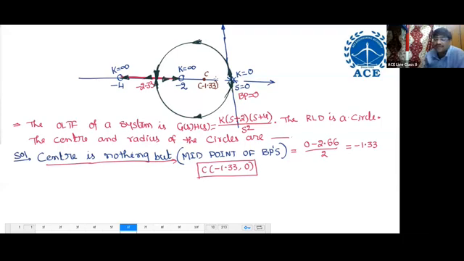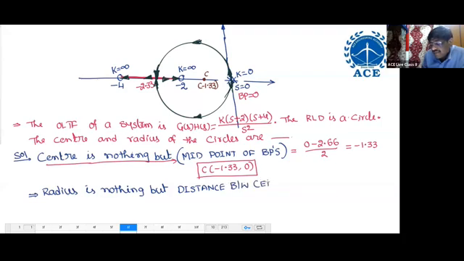That is the center. What is the radius? The radius is nothing but the distance between the center and a breakpoint.